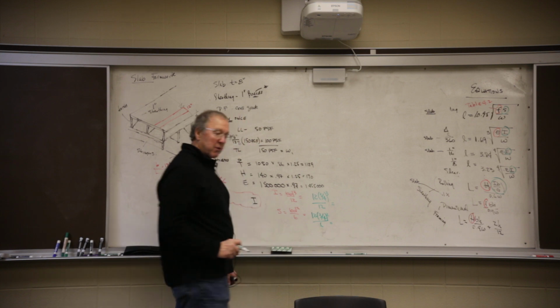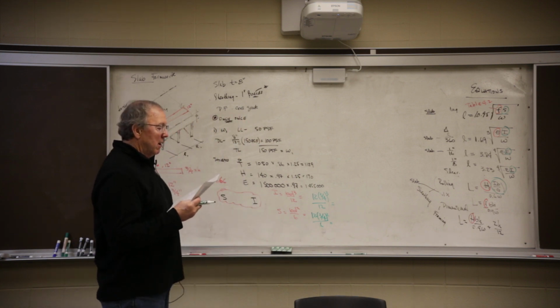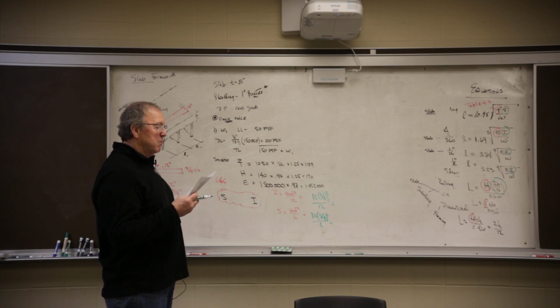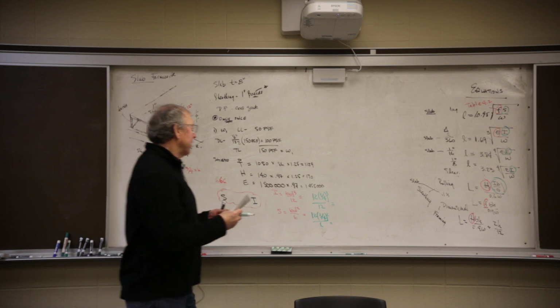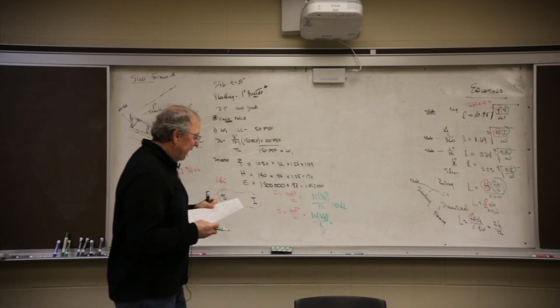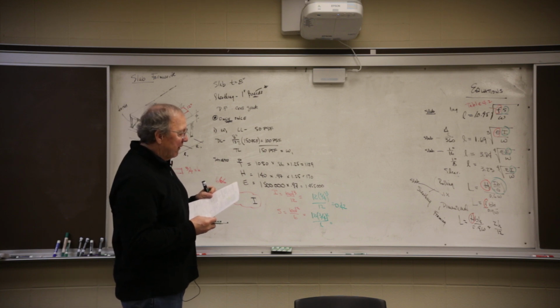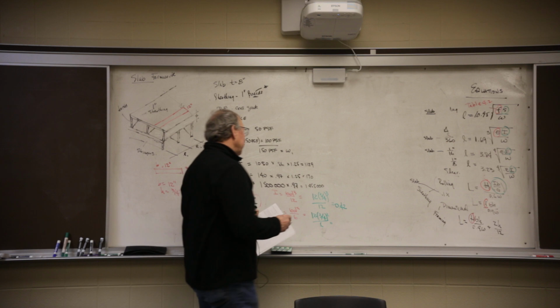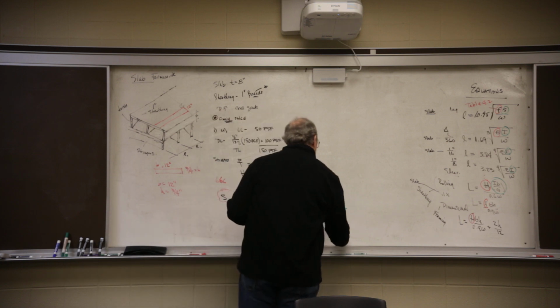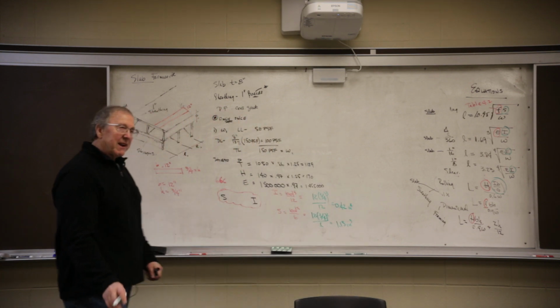That should be what your handout did. If you look at the handout, 12 times 3/4 cubed over 12 gives me I, which is 0.42 inches to the 4th. And for the strip, 12 times 3/4 squared over 6 is 1.13 inches cubed. Okay, I've got all my data.